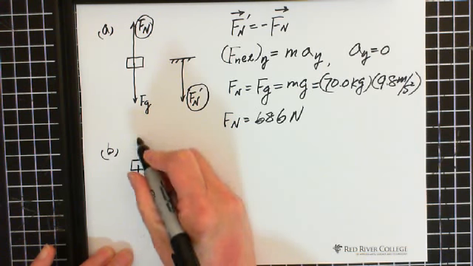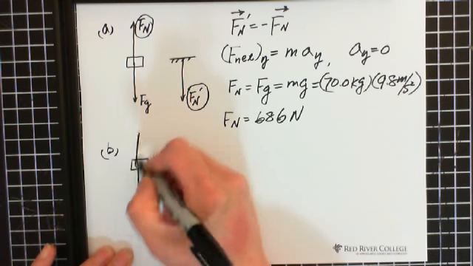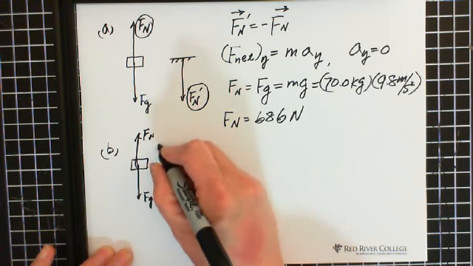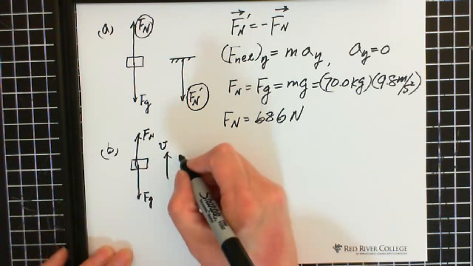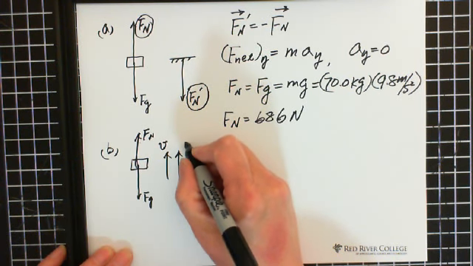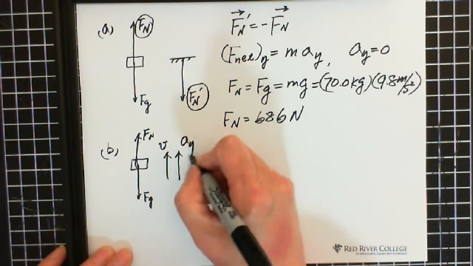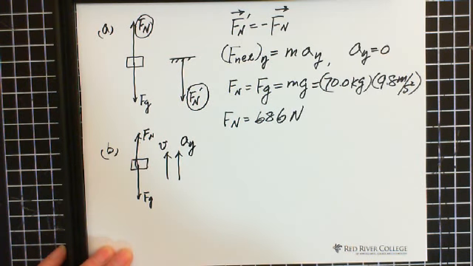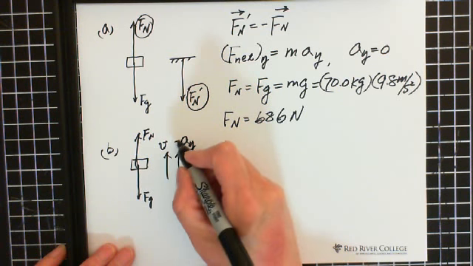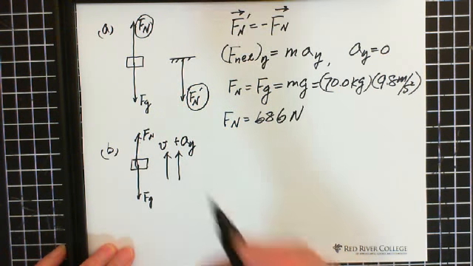We still have these two forces. The velocity is up and accelerating, so the acceleration is also upward. In this case, we follow the direction of acceleration, so up is positive.